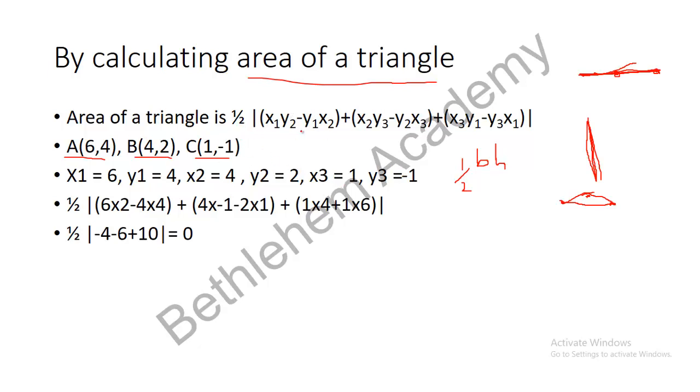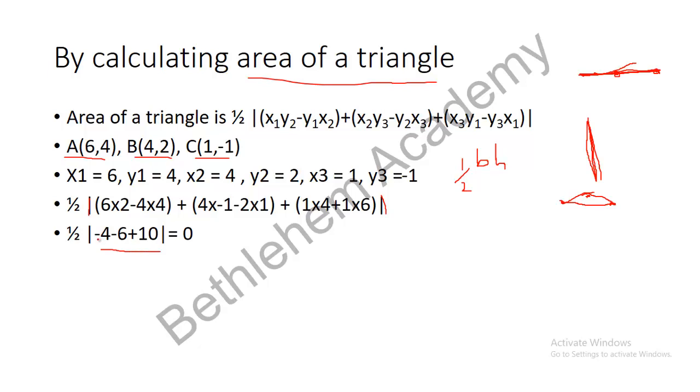If we substitute into the above equation, we will get half of 6 into 2 minus 4 into 4 plus 4 into -1 minus 2 into 1 plus 1 into 4 plus 1 into 6, which will be -4 minus 6 plus 10. This is modulus. Modulus means whatever value comes inside, whether positive or negative, we will take only the positive part of it.